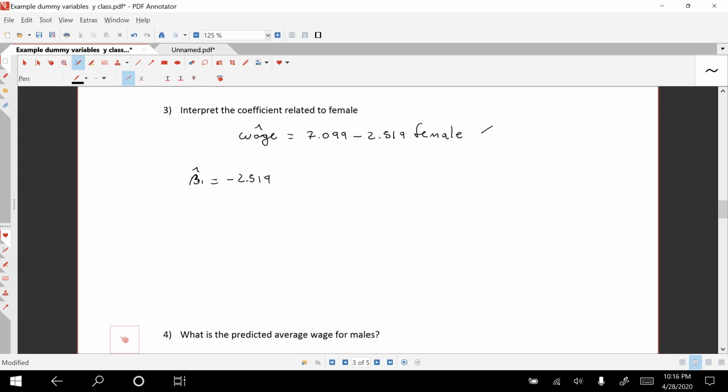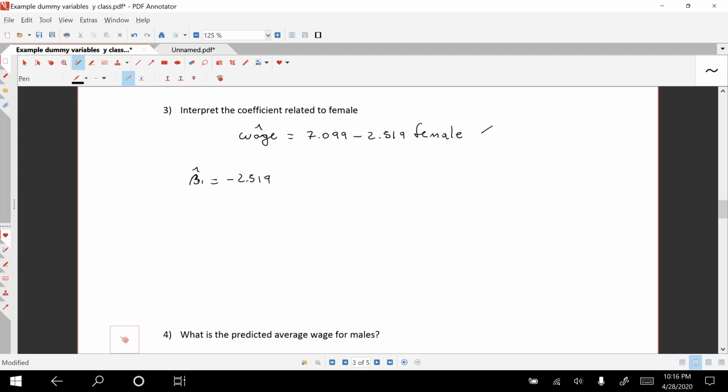So remember that theoretically, at the beginning of the class, we said that this represents the difference in the average value of wages for females relative to males.